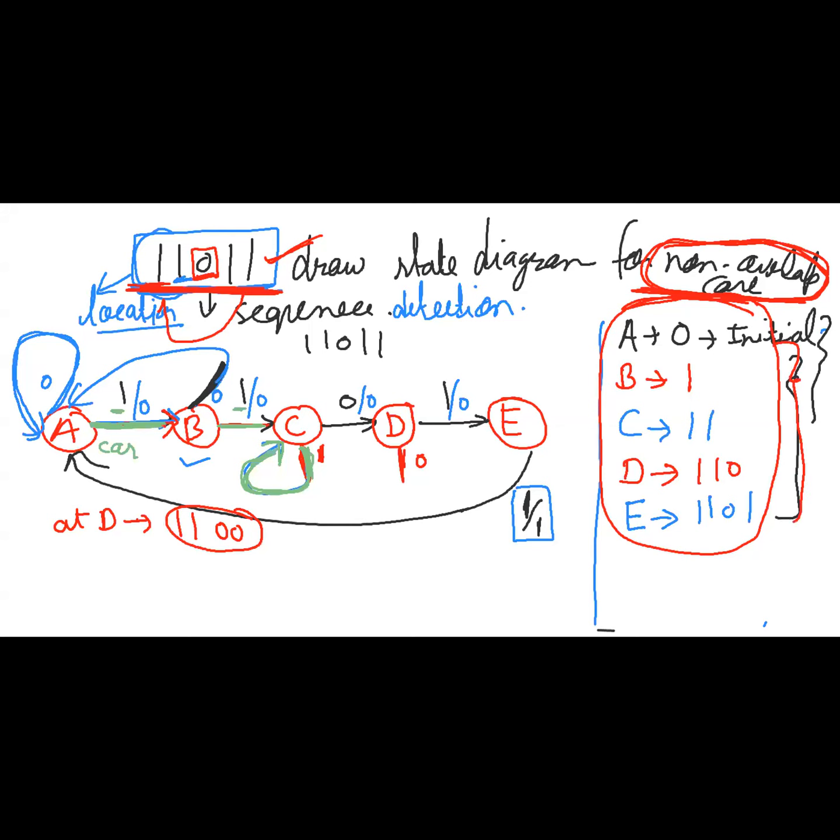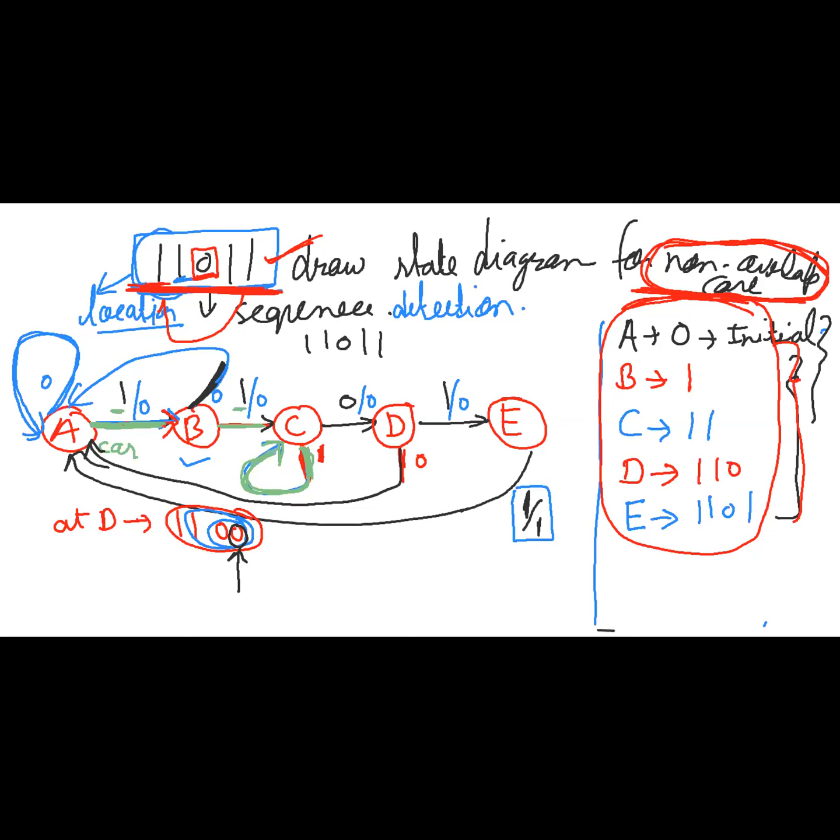No. So you choose 3. 100. Is 100 available? No. Then choose, are 2 zeros available? No. If not 2 zeros, then a single zero. A single zero is A. So where will you go now? To A. Clear? Okay.